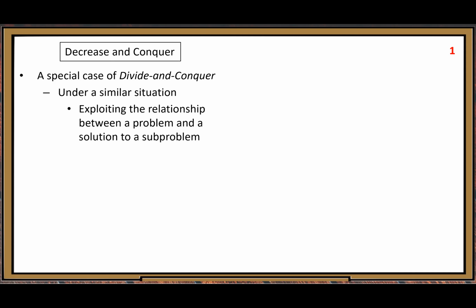But from the smaller problem, how do you get the problem of larger size? There is a gap, so you need to bridge the gap. How to bridge that gap? You need to find the relationship between the current problem solution and the subproblem solution. Connect them. That is the key of this method.